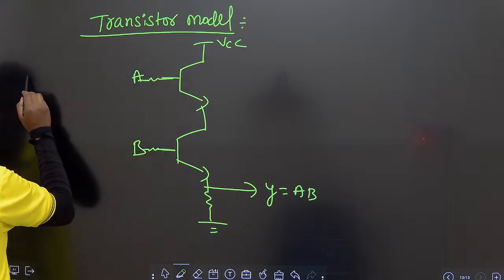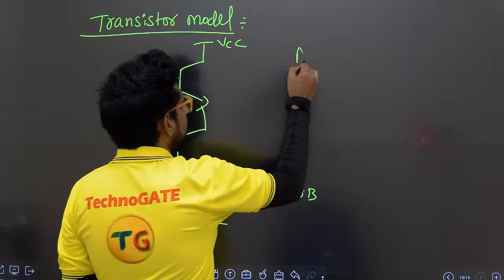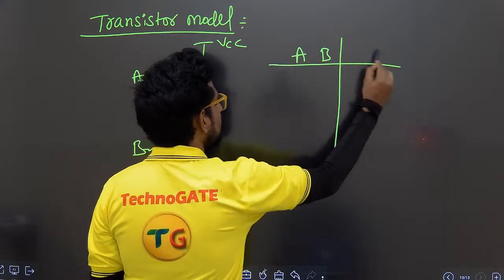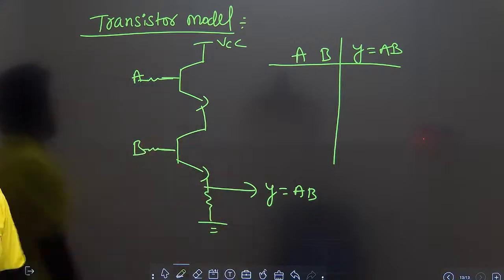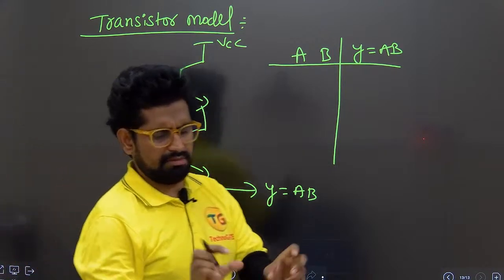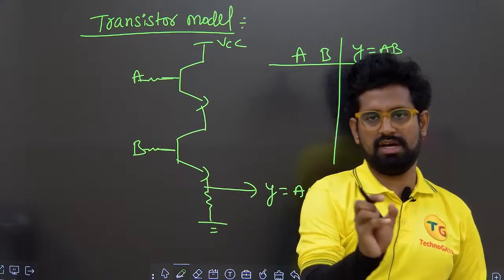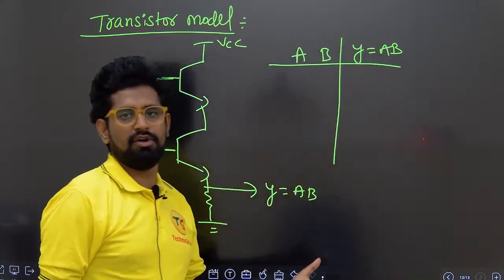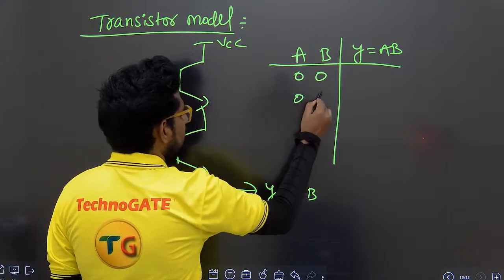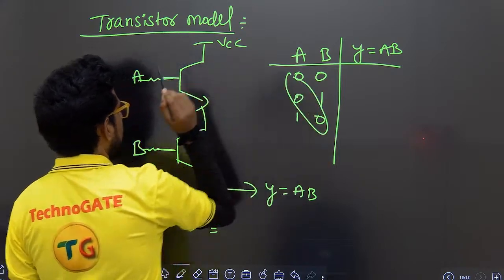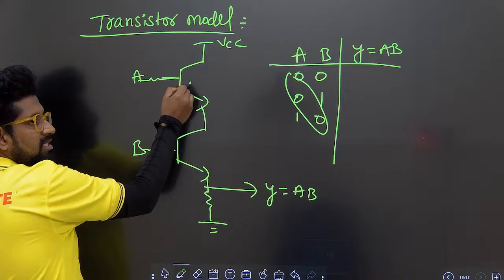Observe here, don't concentrate on the diagrams, concentrate on the logic and the symbols. In the examination, he will just give the figure directly and ask you that the figure shown below acts as an AND gate. If any one of the inputs is 0, that transistor will be off.